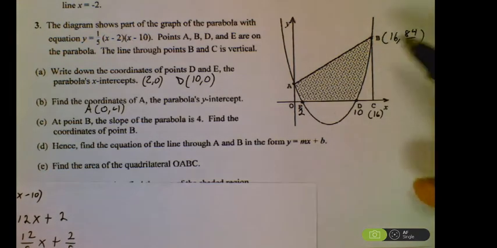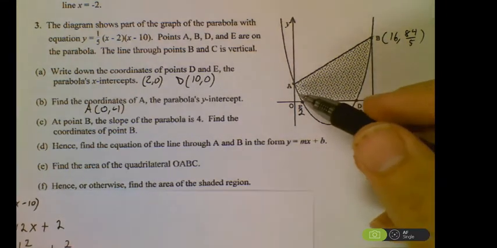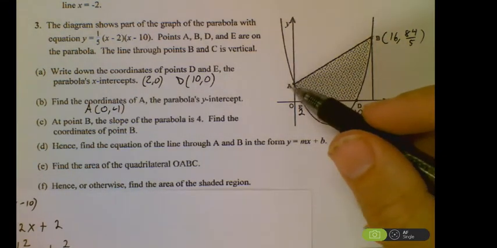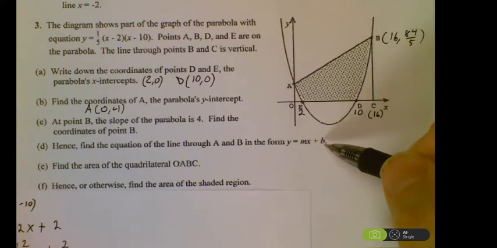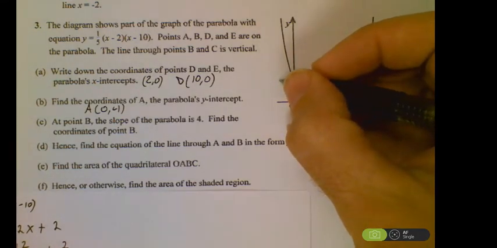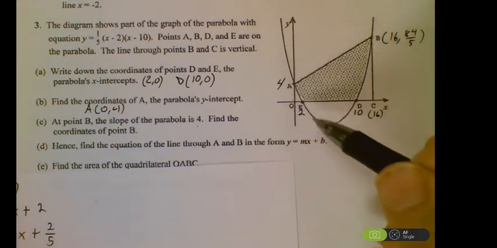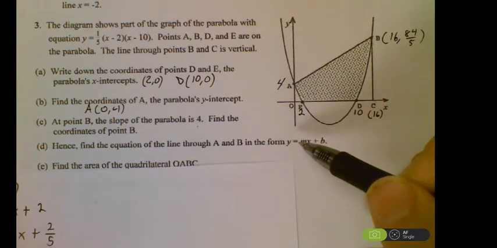If I want line AB, there are a couple ways you could do it. Probably the easiest way is to understand that A was the y-intercept, which we figured out was (0, 4). So we can plug in the 4 for b. All I need to know is the slope.